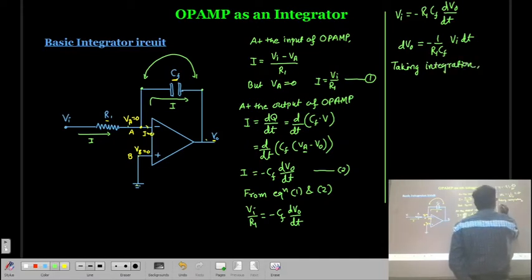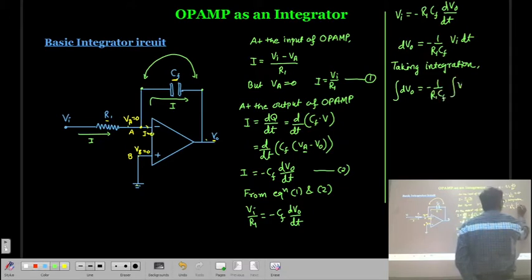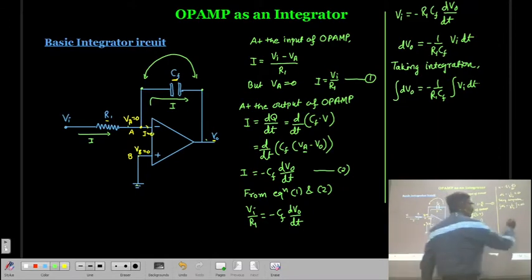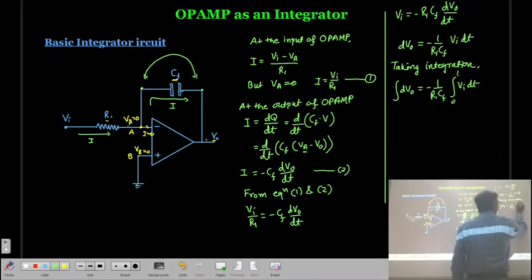Taking integration, so here we have dVO equal to minus 1 upon R1 CF integration of VI into dt. You can take the integration from 0 to t.